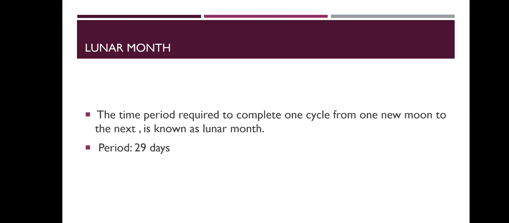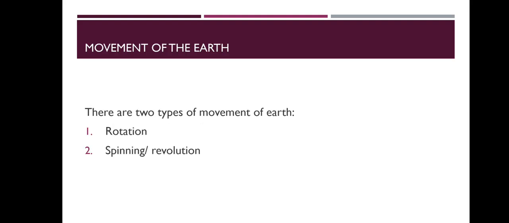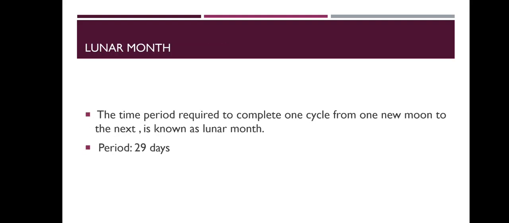Lunar means moon; the word lunar indicates the moon. So the time period in which the moon covers its one rotation around the earth is known as lunar month, and it is about 29 days. That is the period of 1 month.